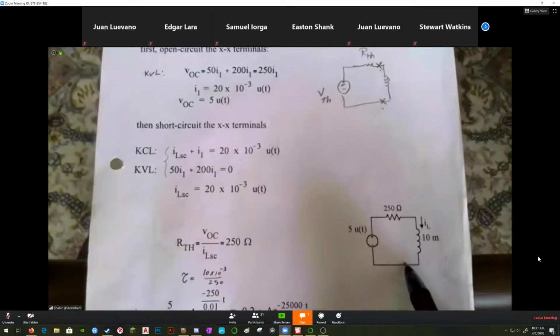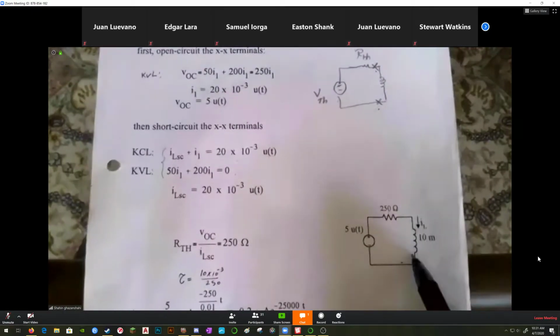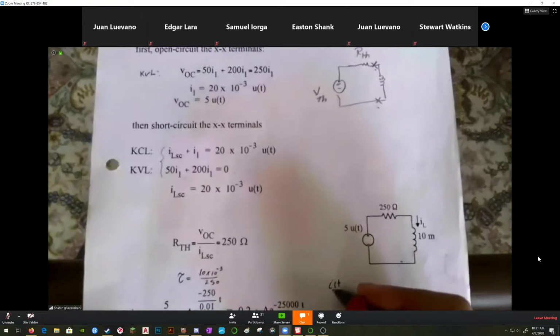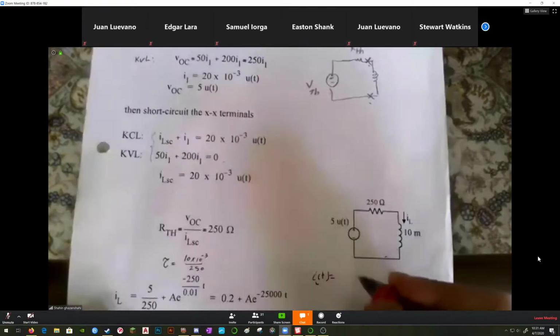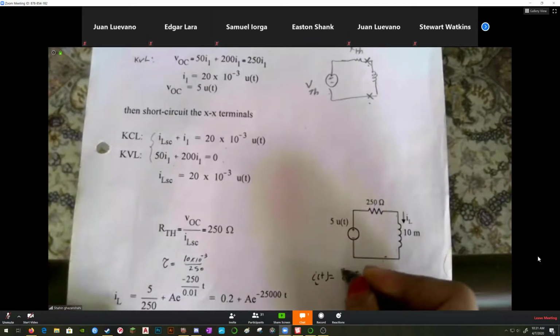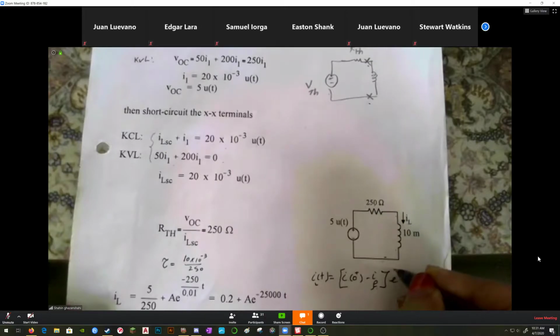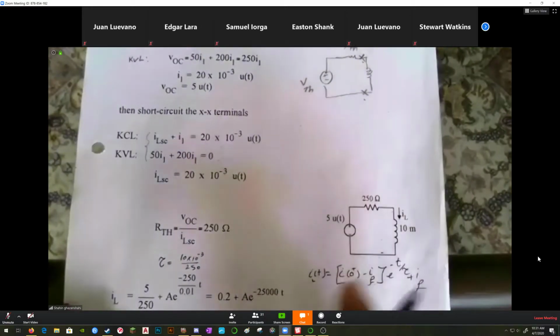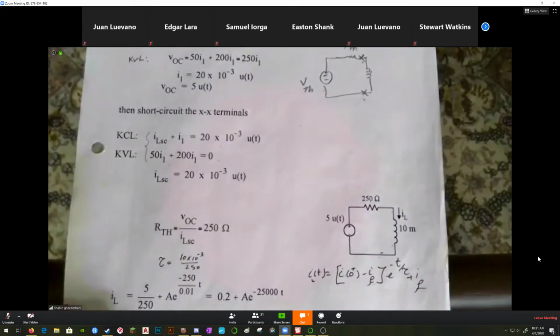And this time, because it is an inductor, you write which equation? I_L(t) is I0 minus IF, exponential of minus t over tau, plus IF, because it's an inductor. But the procedure is still the same.